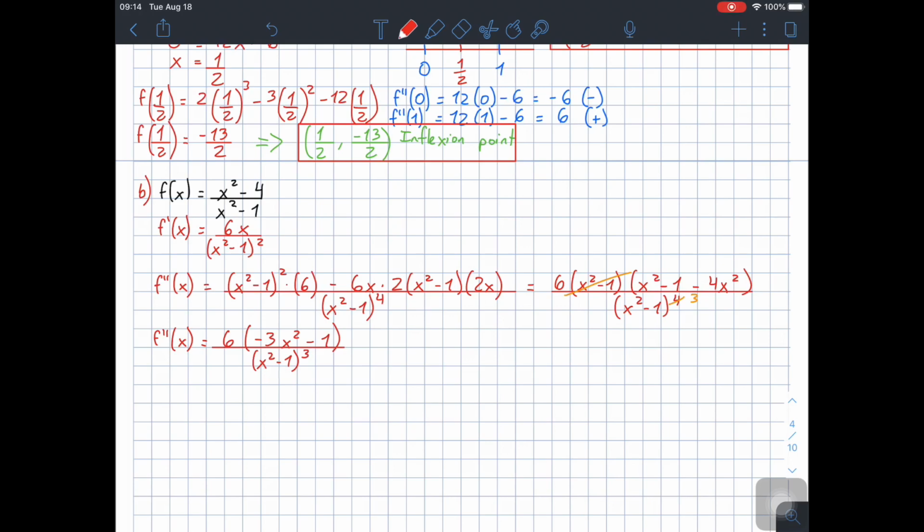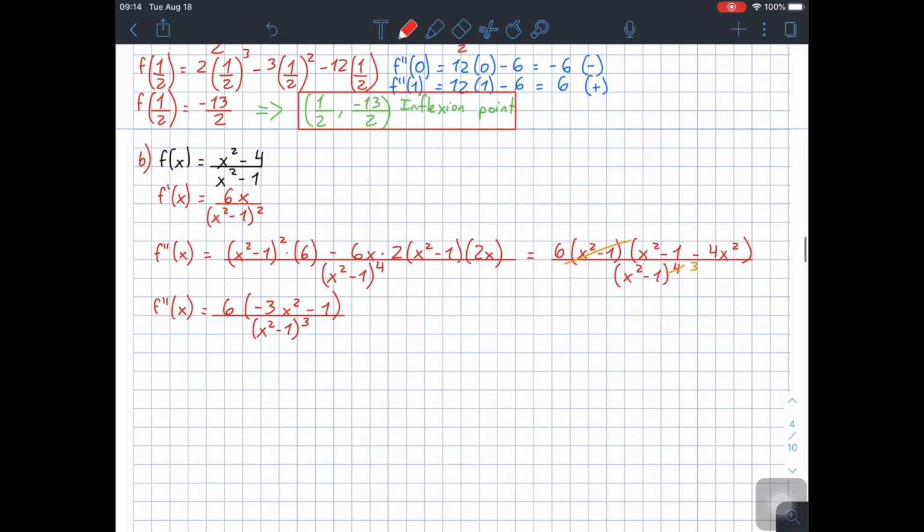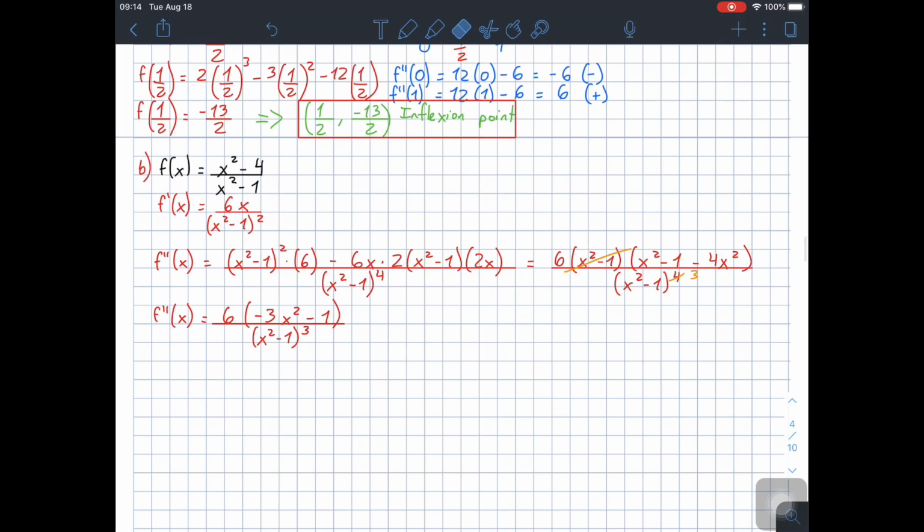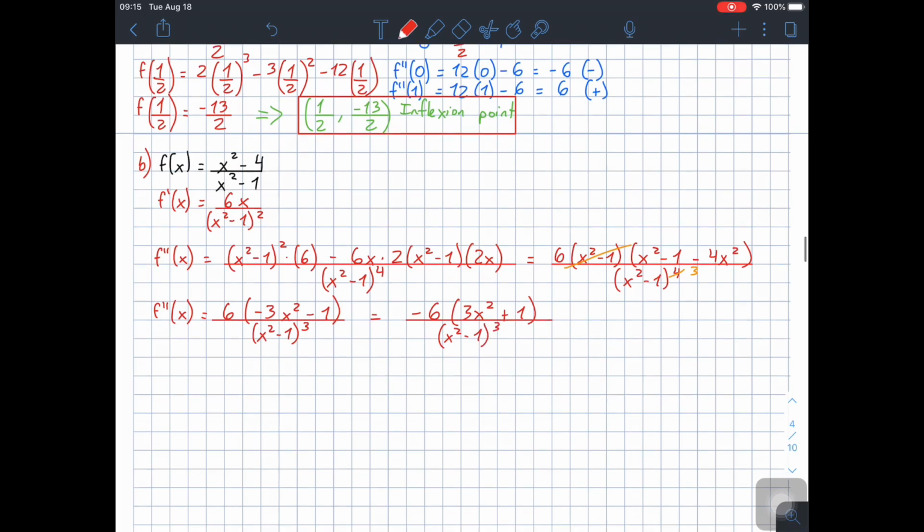Okay, so I think that'll be the best result. Maybe if I take a common factor of negative, I'm going to do that. I'm going to take a common factor of the negative, so this is negative 6 times 3x squared plus 1 divided by x squared minus 1 cubed. Okay, so this looks a little bit better.